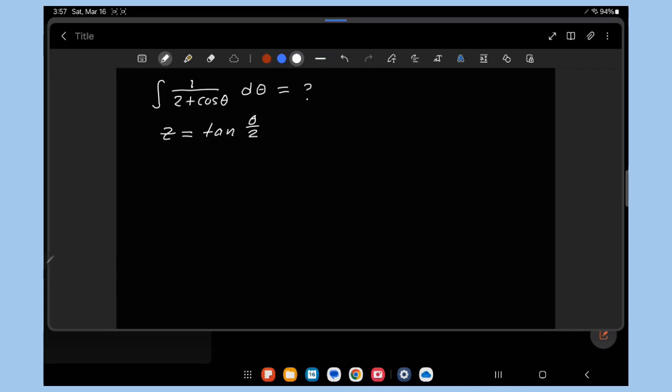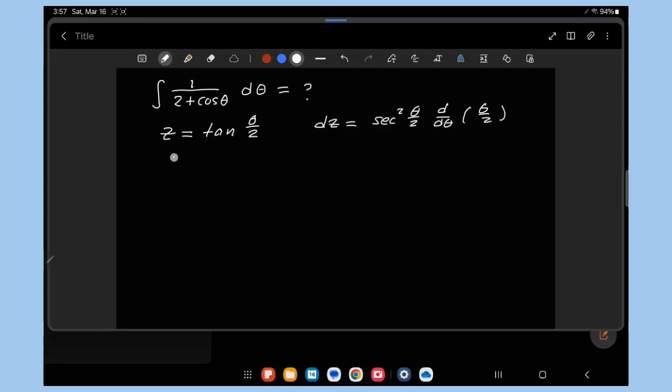So if we start with z equals tangent of theta over 2, then dz is going to equal secant squared of theta over 2 times the derivative with respect to theta of theta over 2.